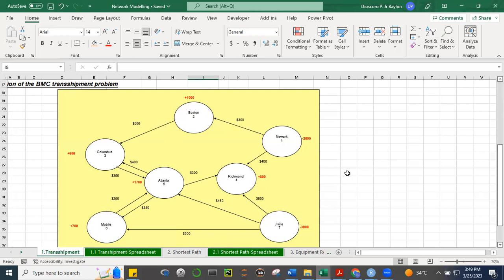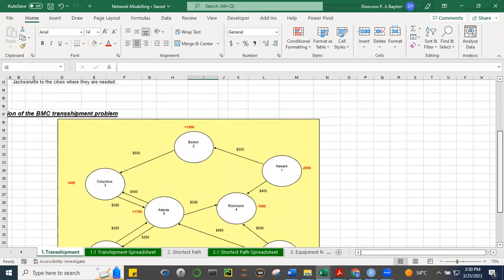Which means that our supply exceeds the demand. We are pretty sure that 200 will be left in the supply node, and all the requirements for these cities will be met, because their total demand is 4,800, and the total supply is 5,000.